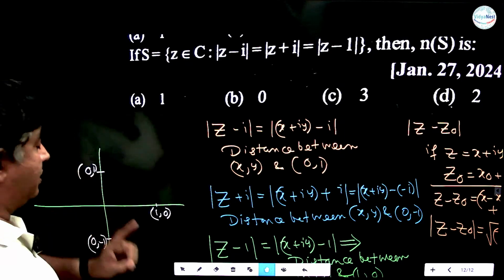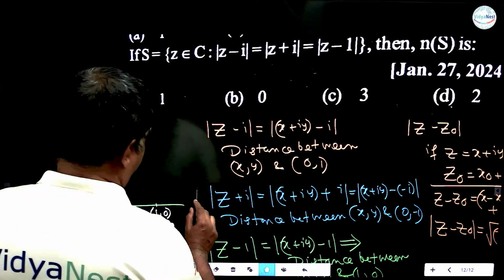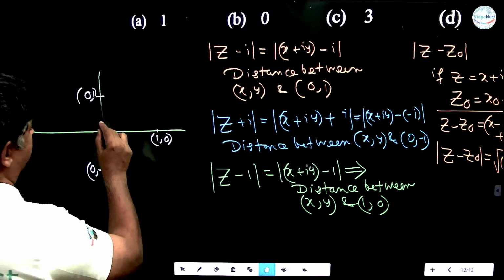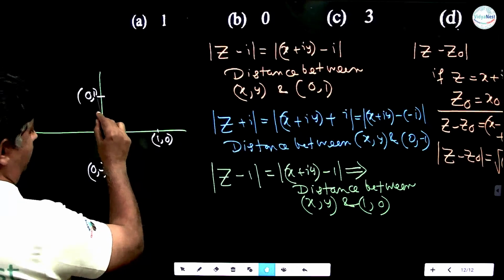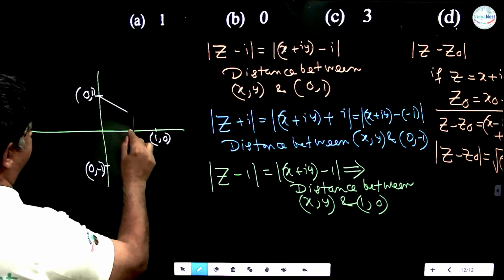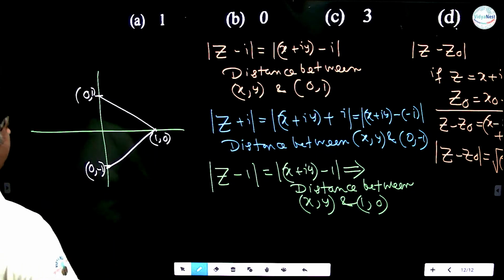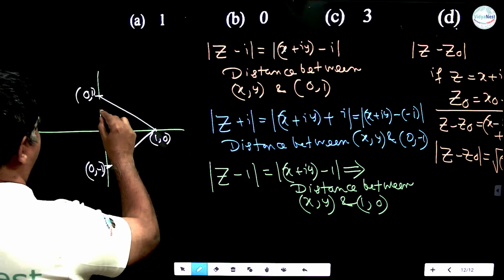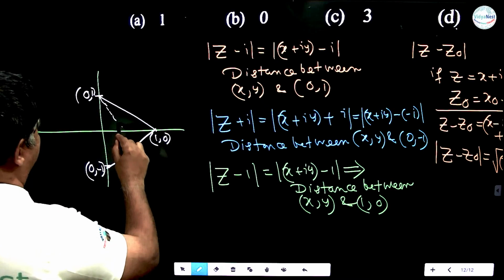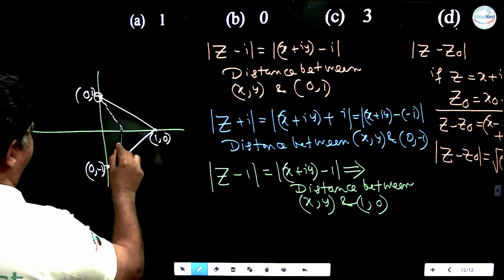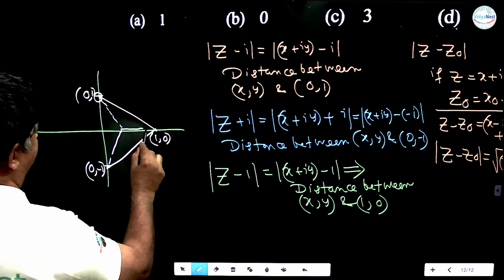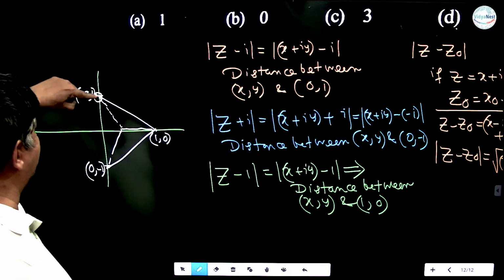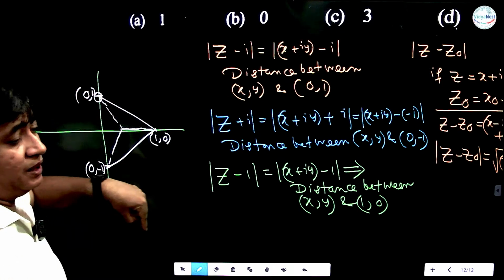The distance, they can form a triangle, and z is such a point which is equidistant from this point and this point. Okay, so this point is equidistant from the 3 vertices of this triangle.